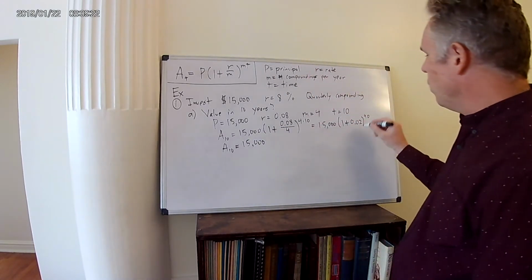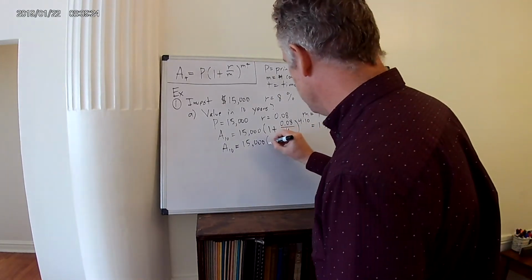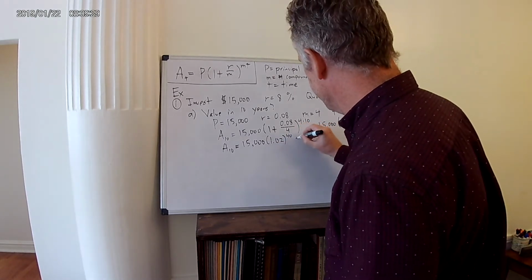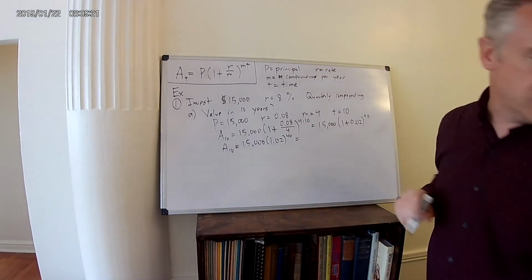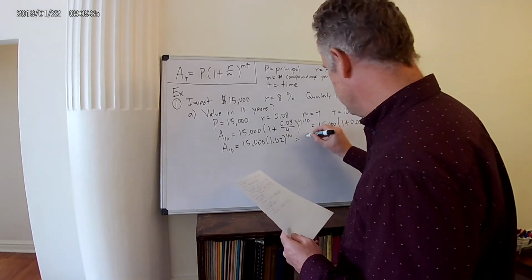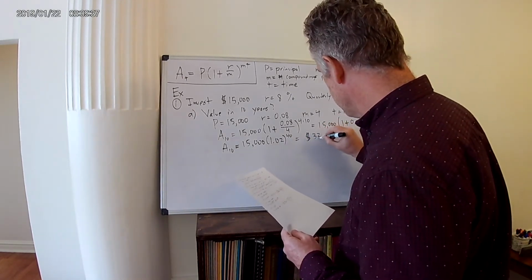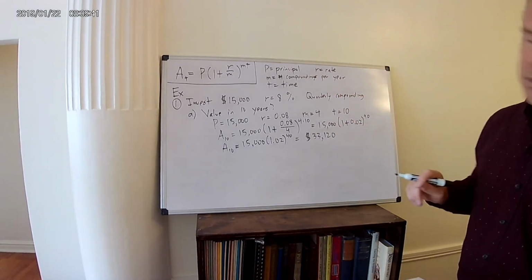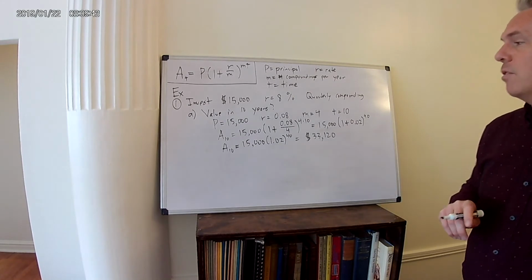Now we can add the 1 plus the 0.02, so this gives us 15,000 times 1.02 raised to the 40 power. If we plug this in our calculator, we get $33,120. This is the value of our account after 10 years.